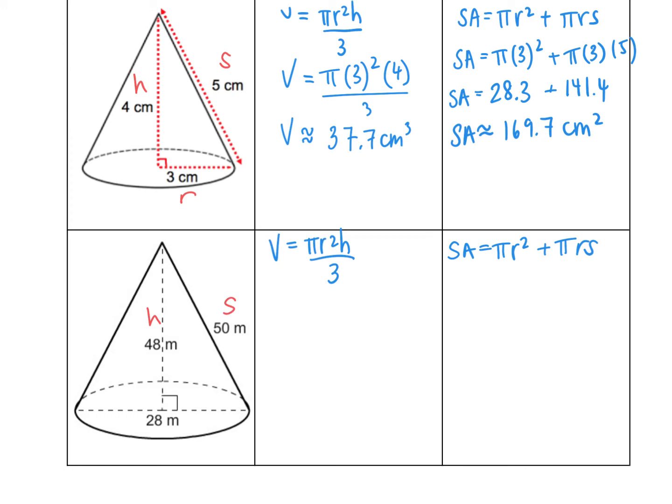The 28 is the diameter because it's all the way across. So I actually have to divide this in half to get my radius of 14 meters. So we're using 14 meters for r, 48 for h, and 50 for s. So I want you to pause the video here and try out the volume and then come back to check your work.